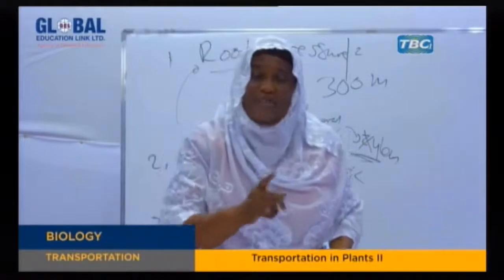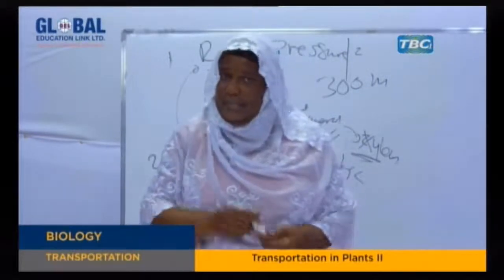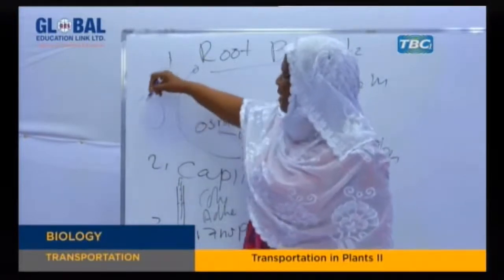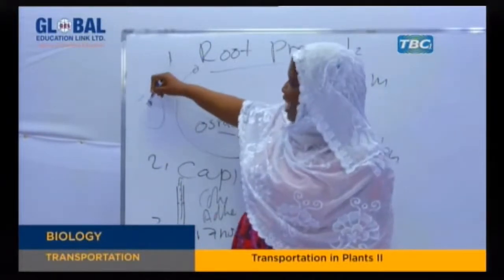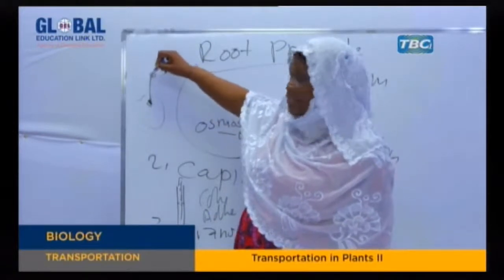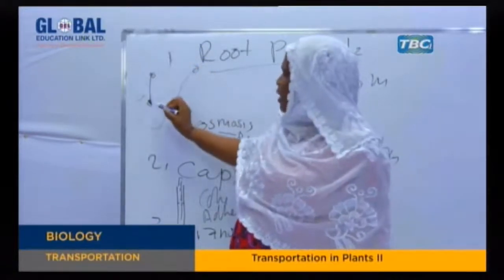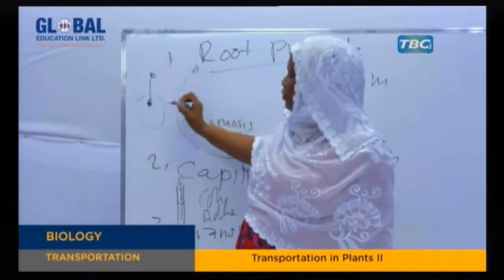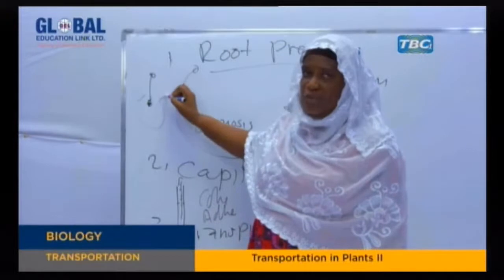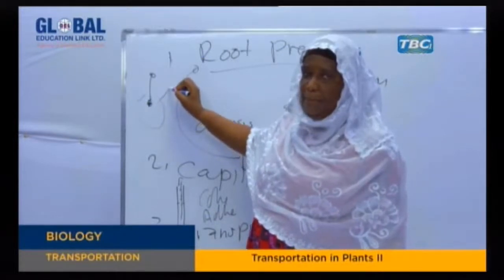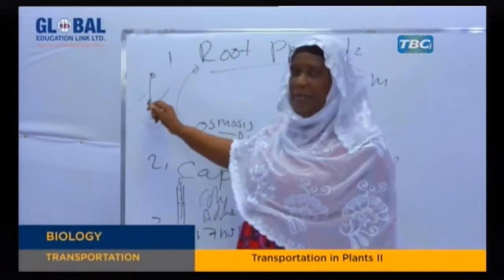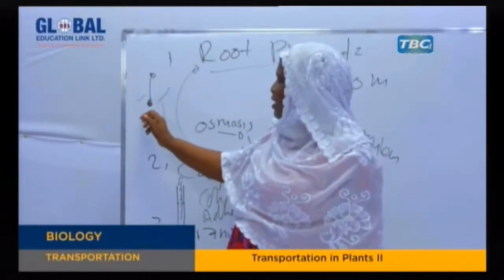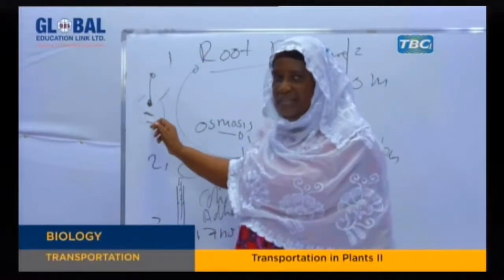Therefore, when transpiration takes place, let's say from mesophyll cells which are found here at the leaves, it makes this area have low water potential. Water potential here will be low compared to the neighboring cells.